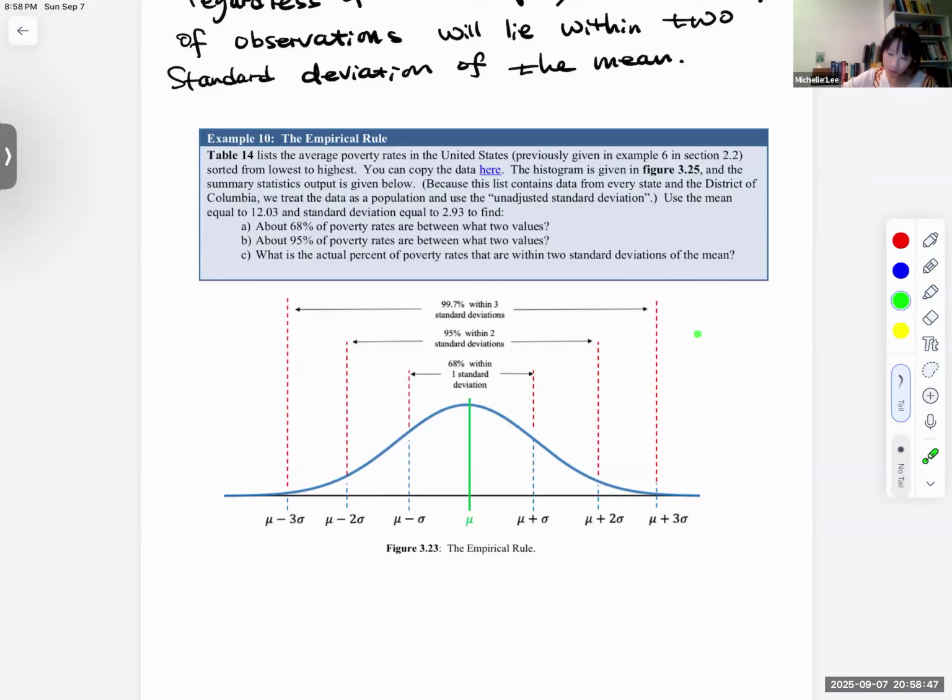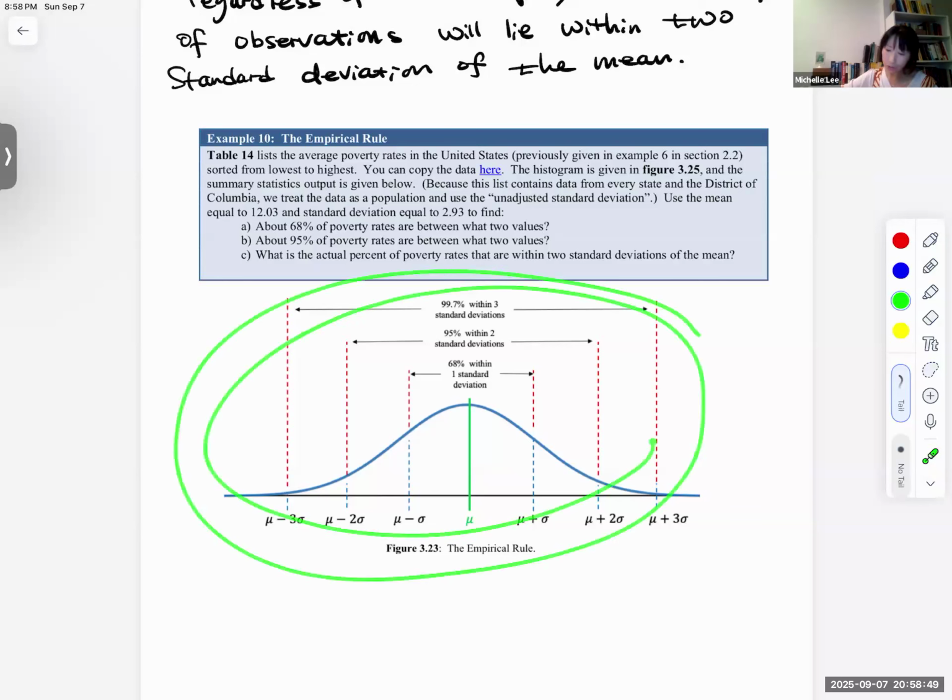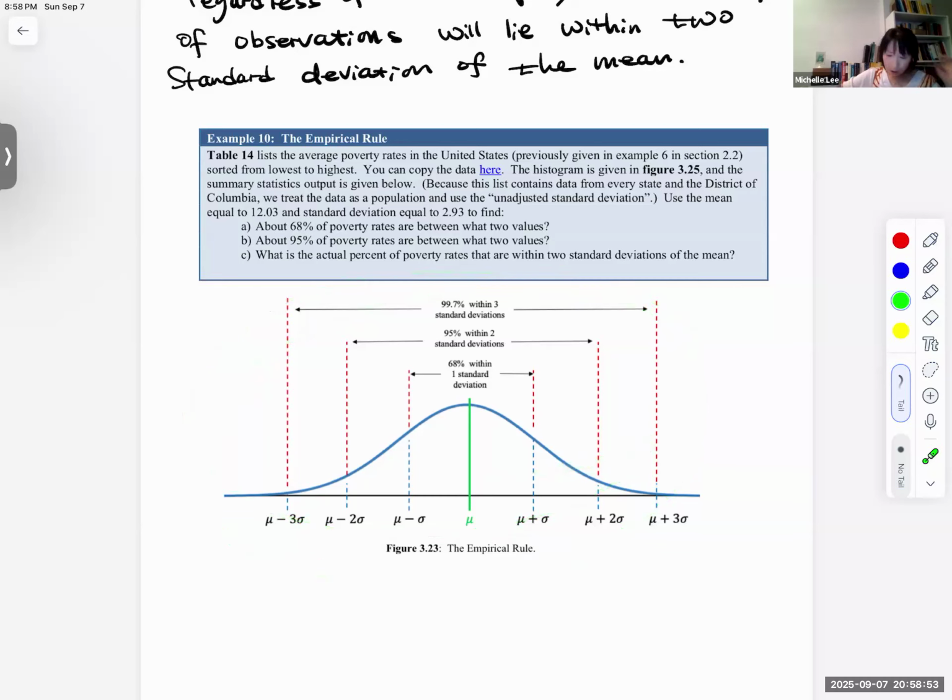So I brought the empirical rule picture. One standard deviation means we have 68%, so that's the A part, we can answer that. What two values? Within one standard deviation, we want to find mu plus sigma and mu minus sigma.